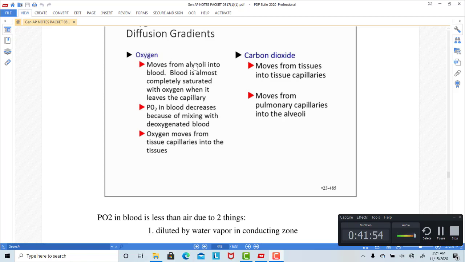So where we find the concentrations of these gases the highest in the body, oxygen is highest in concentration in the alveoli, and carbon dioxide is highest in the tissues, because that's where it's produced, in the cells of the body during metabolism in the mitochondria.